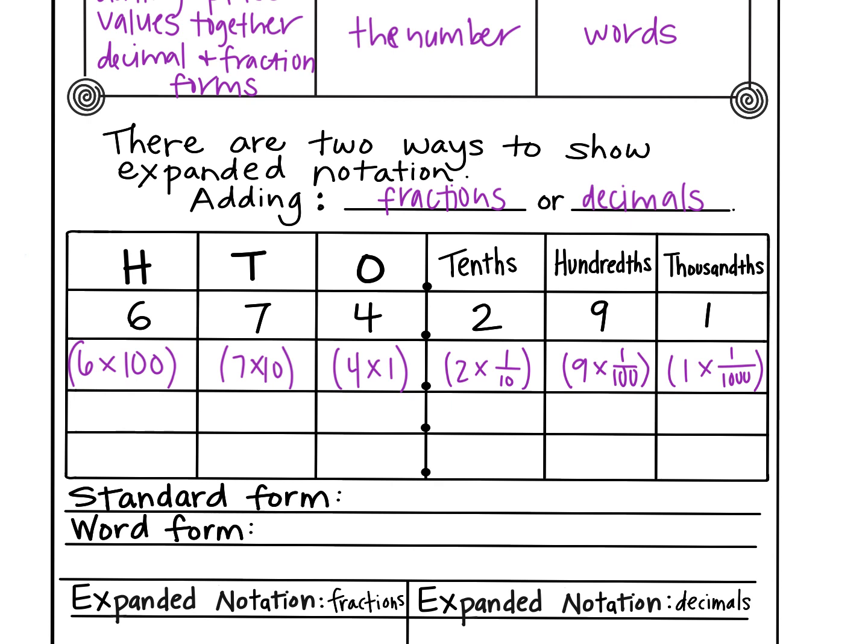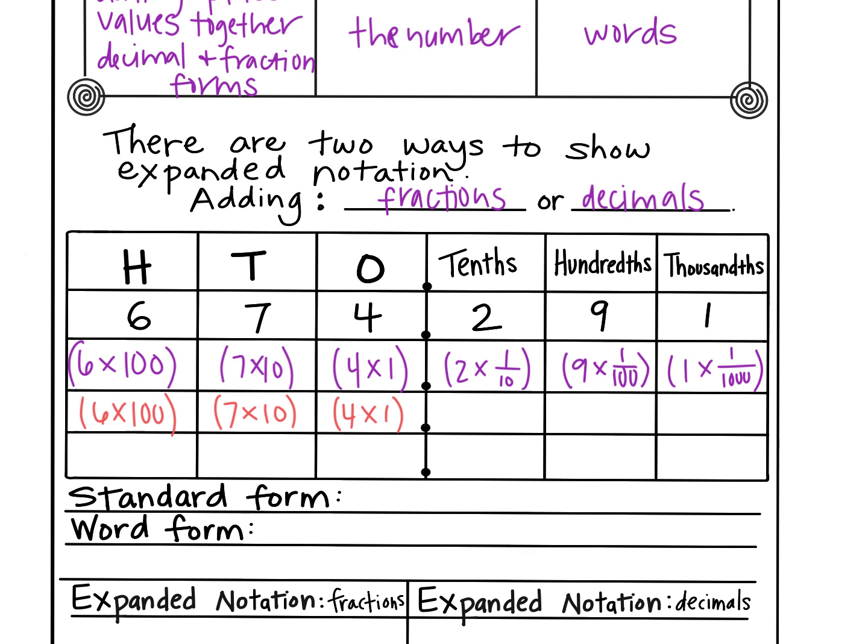We also have the decimal way. So before the decimal point, it's going to look exactly the same. It's still going to be 6 times 100, 7 times 10, and 4 times 1. But after the decimal is where it changes.